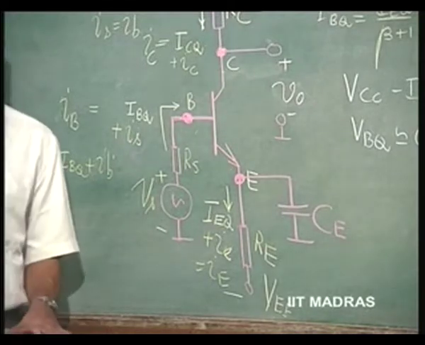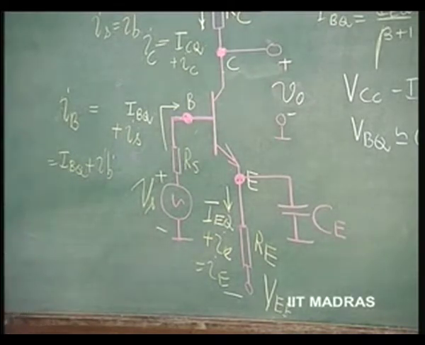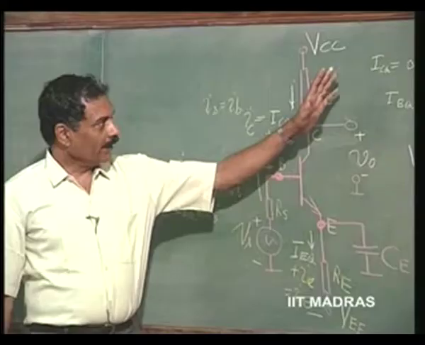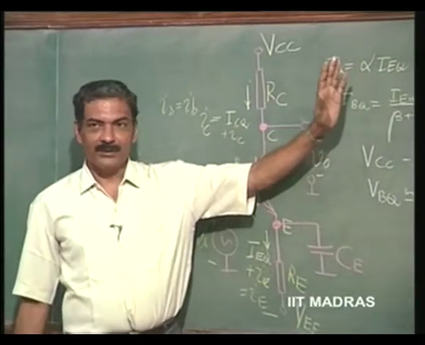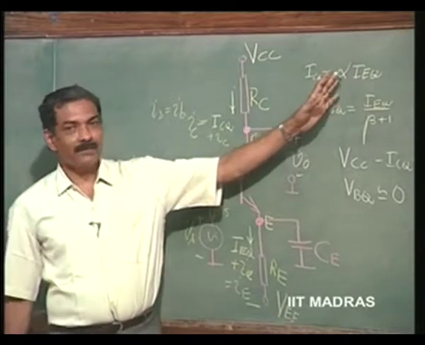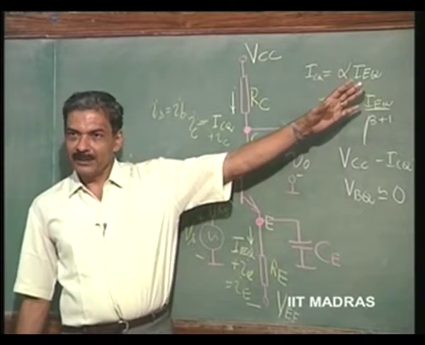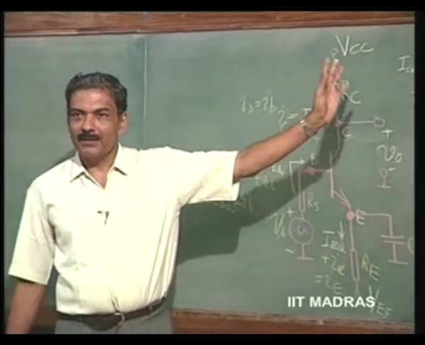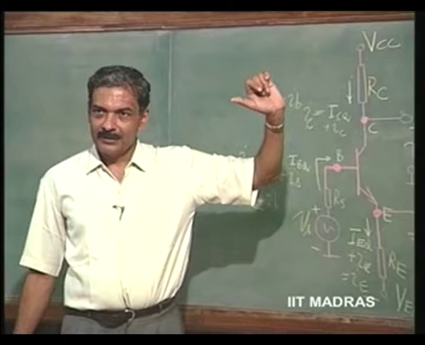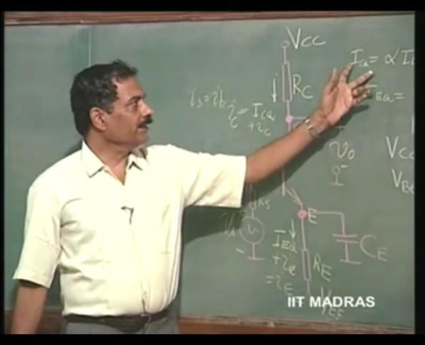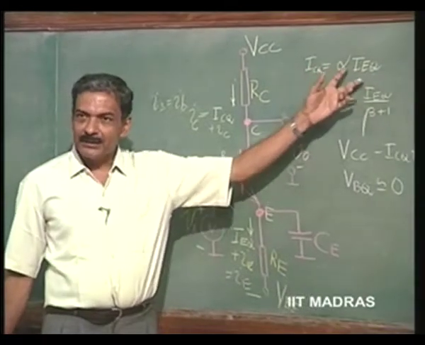All these can be assumed to have a linear relationship, that is, ICQ equal to alpha times IEQ is valid, and delta ICQ is equal to alpha times delta IEQ is valid, assuming the alpha AC is very nearly the same as alpha DC. For a change in signal also, the same relationship is valid.